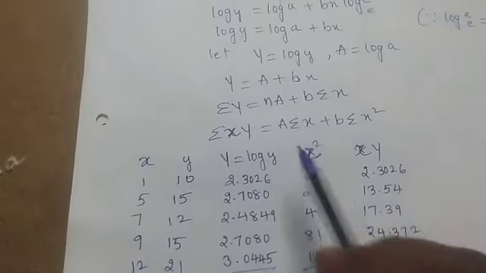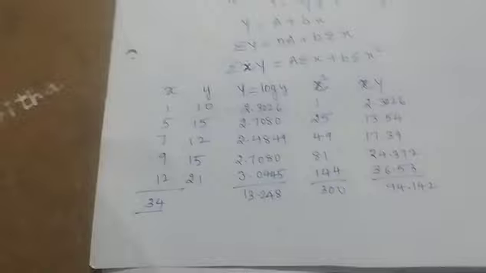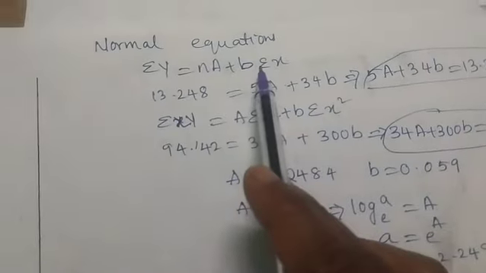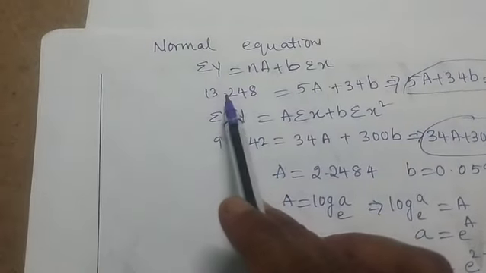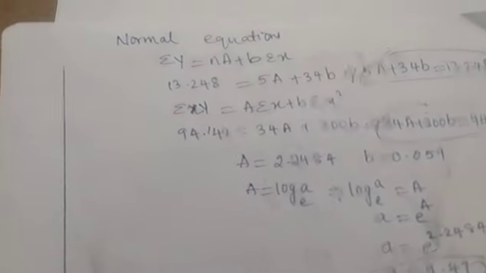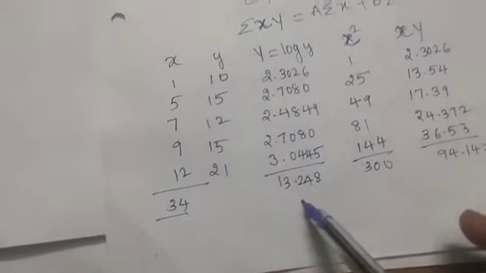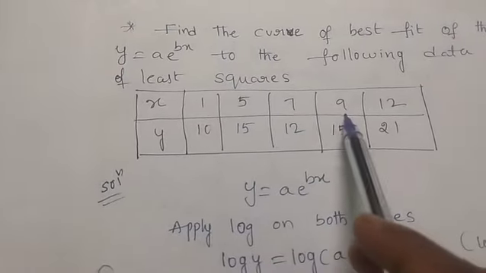Now we have two normal equations. Now substitute here. Okay, what are those normal equations? The first normal equation is this one. Using that table, summation y value is what? 13.248. Okay, check here. Summation y is what? 13.248. Substitute. N means how many observations they gave? 1, 2, 3, 4, 5.